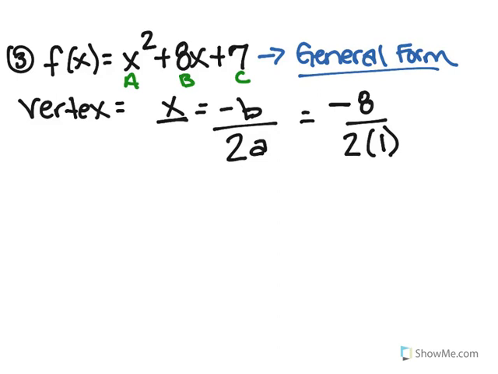The very first number on x squared is a 1. So that's negative 8 divided by 2, which is negative 4. Okay? So our x coordinate of the vertex is negative 4.